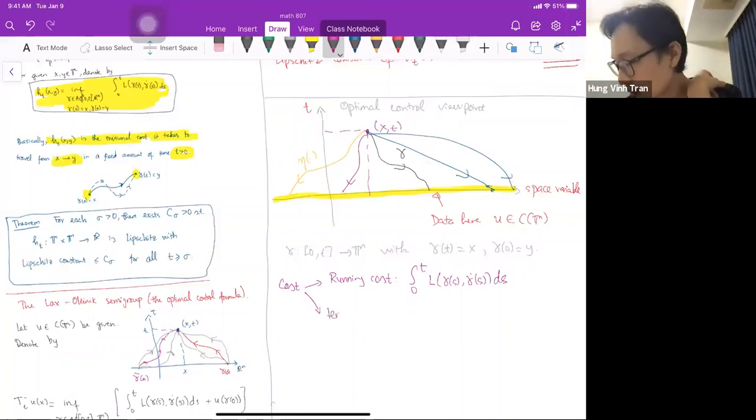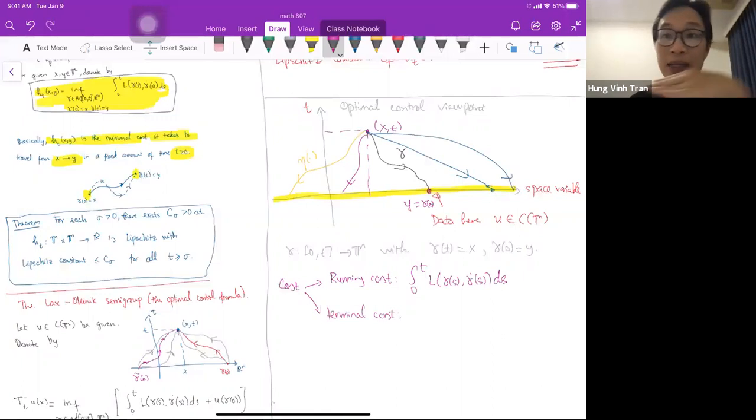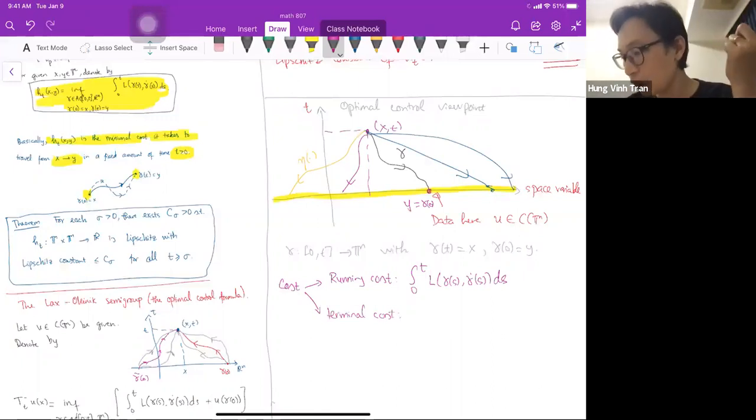So terminal cost, that is, if we reach the point here, which is y equals gamma 0, then we would have to pay something along the terminal, right? The given data represents the terminal cost we have to pay. So it's u of gamma 0, which is u of y, because we let gamma 0 equal y.